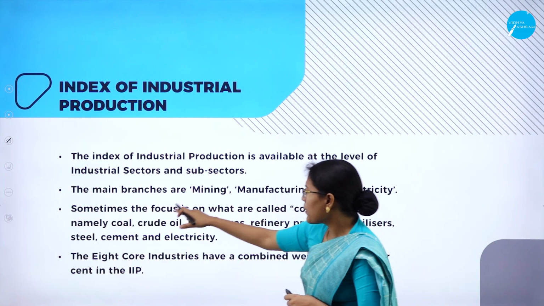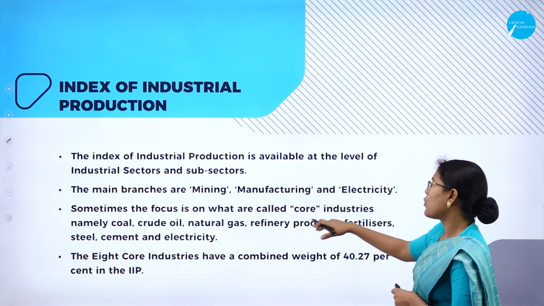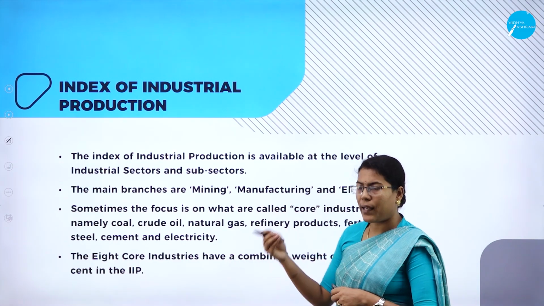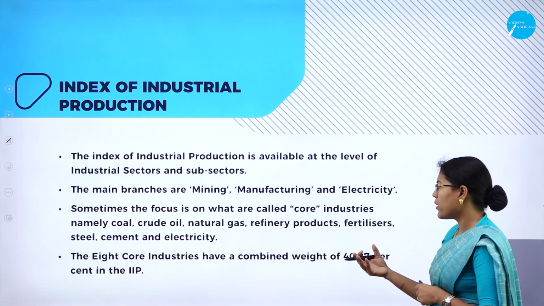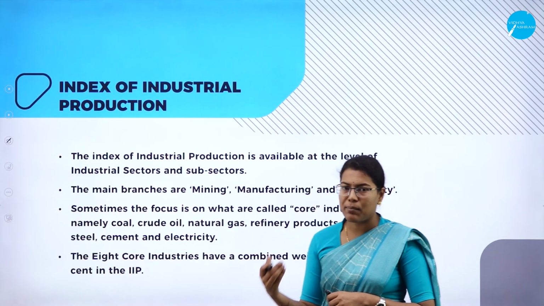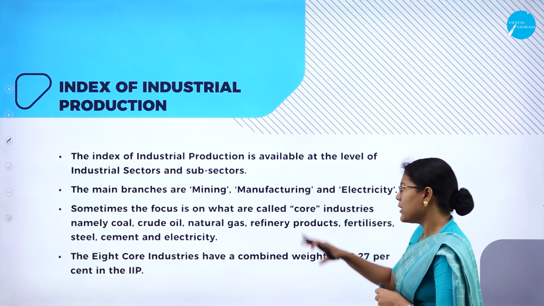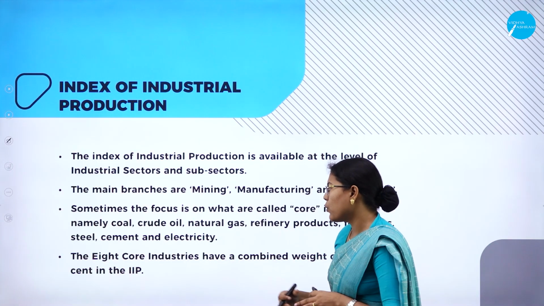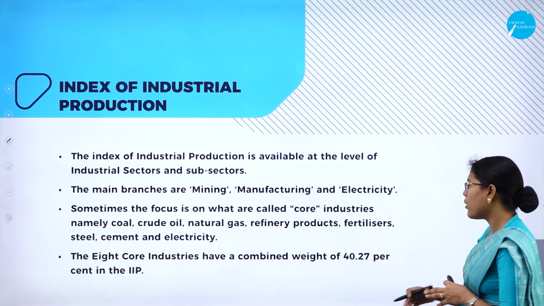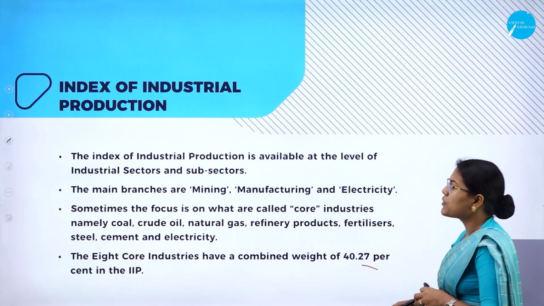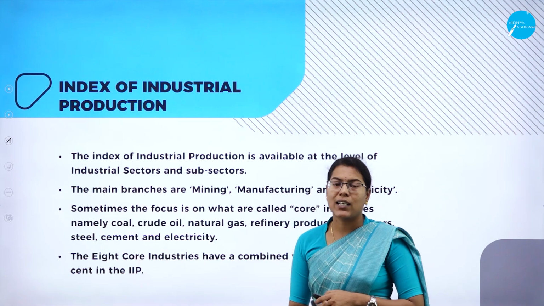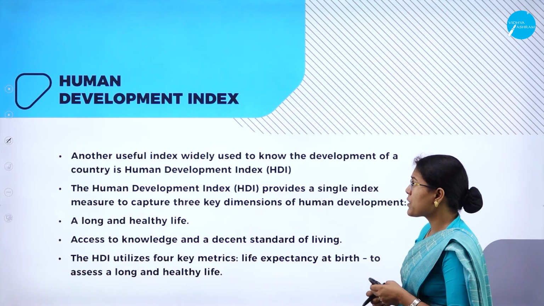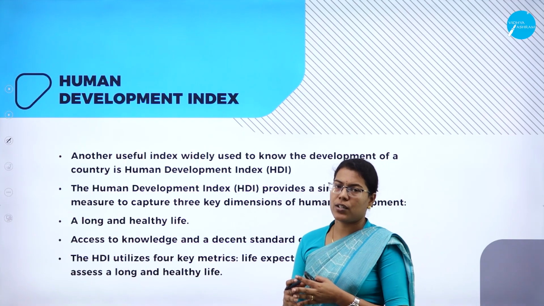Sometimes the focus is also on what are called core industries, namely coal, crude oil, natural gas, refinery products, fertilizers, steel, cement and electricity. The 8 core industries have a combined weight of 40.27% in the industrial production index. So that was regarding the industrial production index.